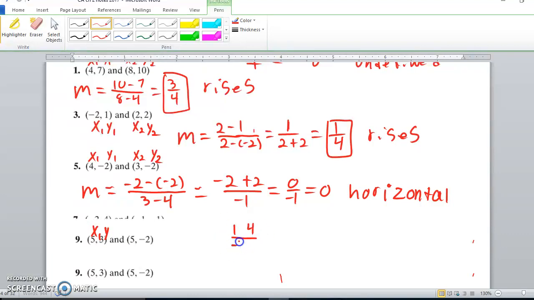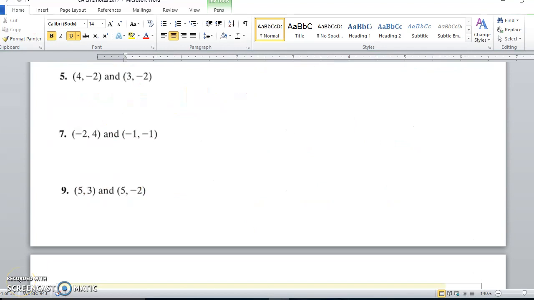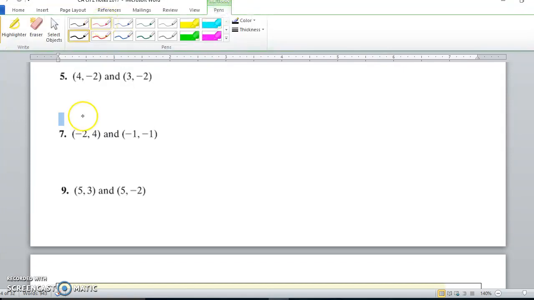Picking up where this kind of messed up, we'll label this x1, y1, x2, y2.